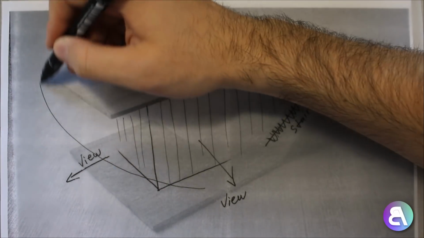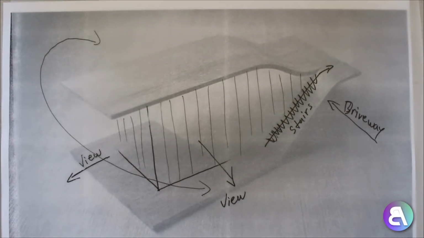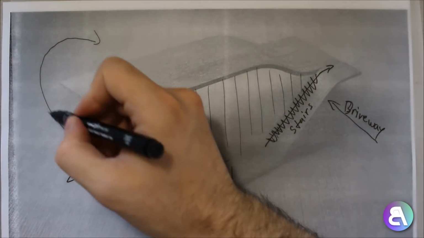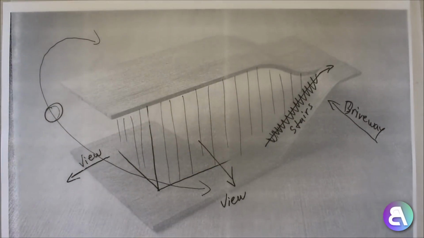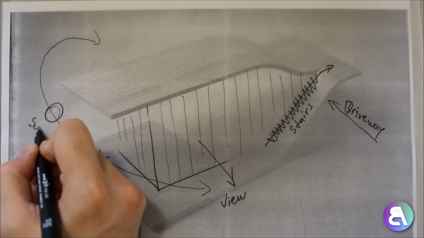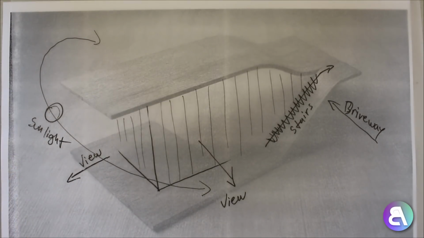And here I'm just adding this path, and I'm using the thinner pen for this, and here I'm just adding the sun. So this is kind of the sun path, and it gives you the direction where the sun is, kind of orients the building in view, so you know from which side the sunlight will be coming.